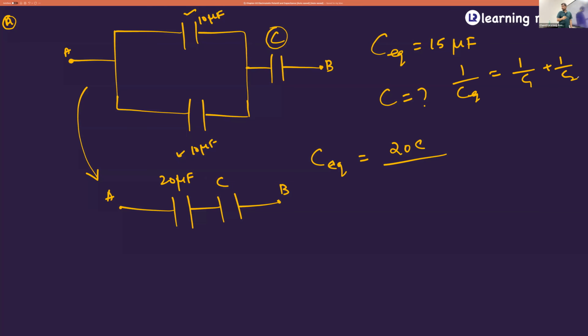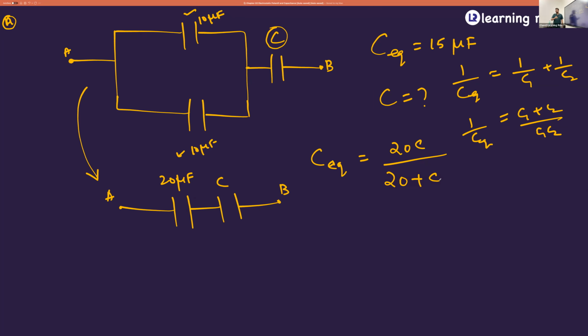Am I right? When you take the LCM and solve it, you get (C1 plus C2) divided by C1 C2, which is 1 by C equivalent. Then C equivalent is C1 C2 by C1 plus C2. So whenever you have two capacitors connected in series, just multiply the capacitances and divide by the sum of the capacitances. So 20C divided by 20 plus C.